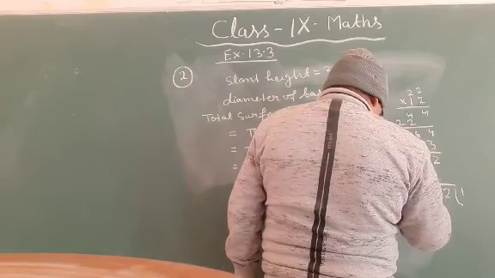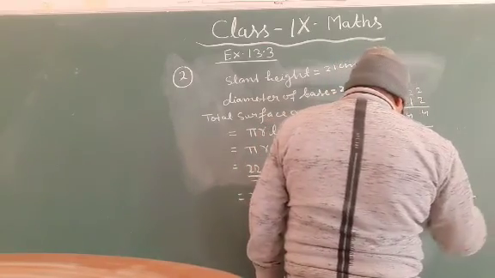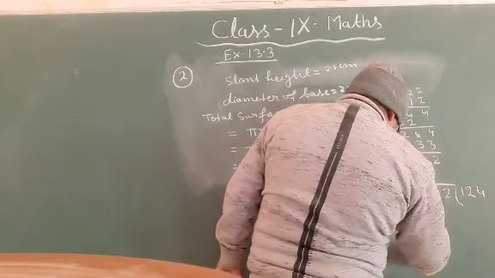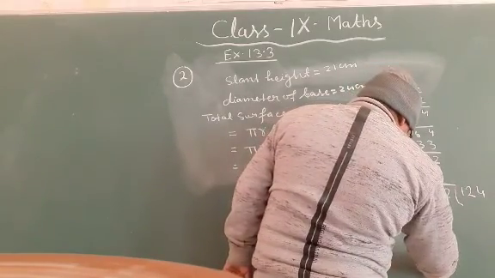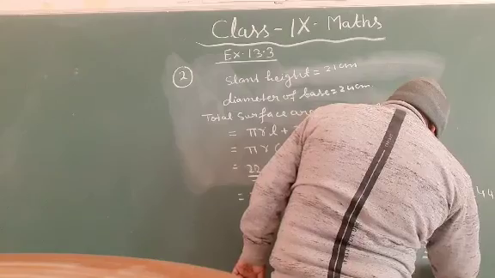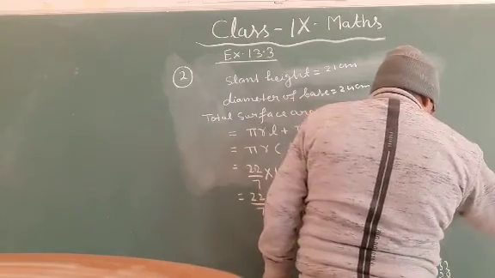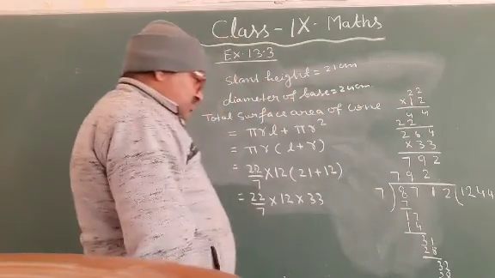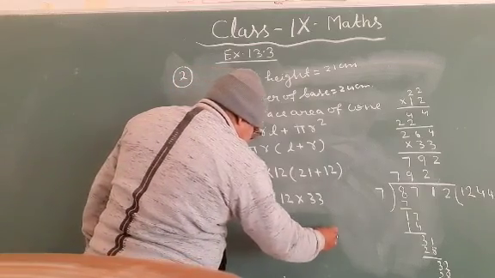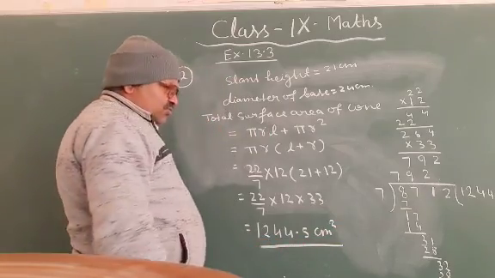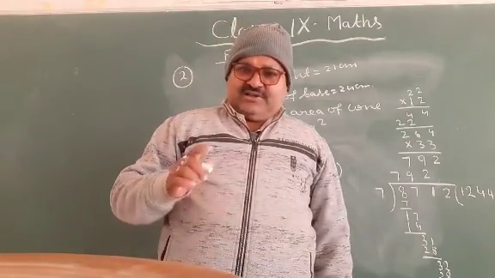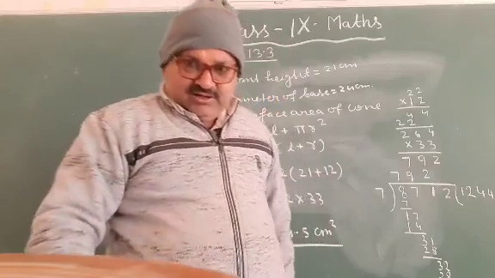We get 1244.5 centimeter square is the total surface area of the cone. Clear?